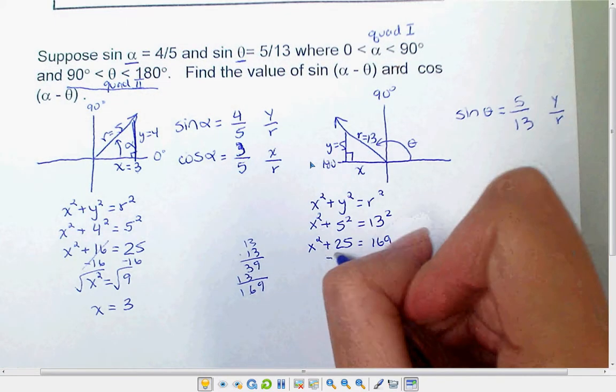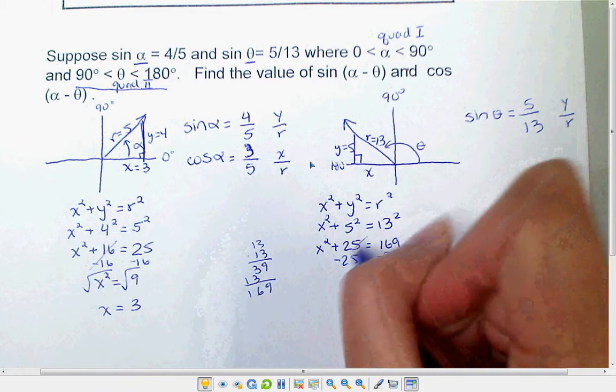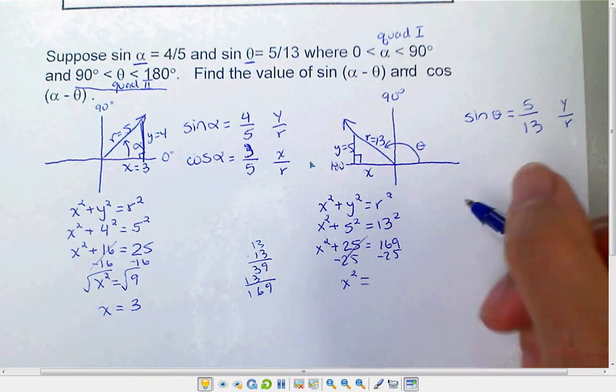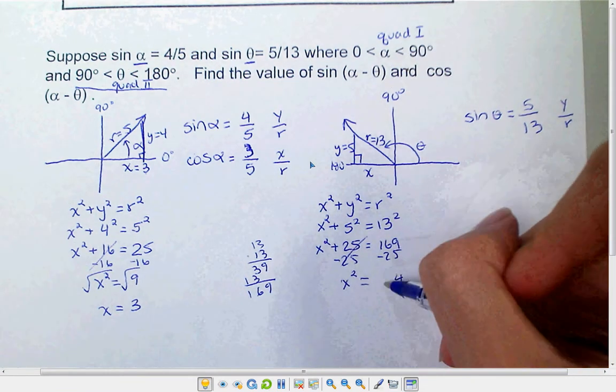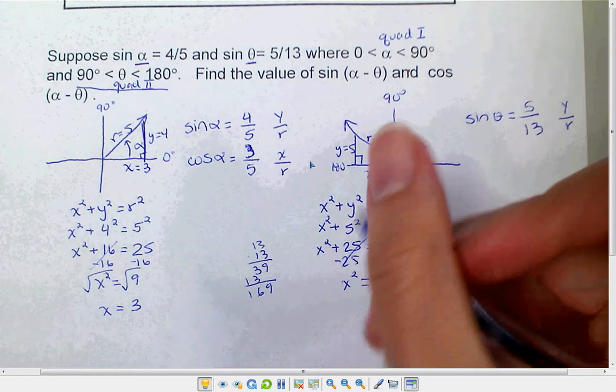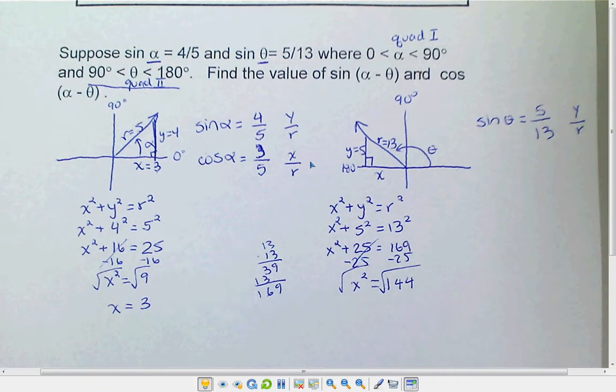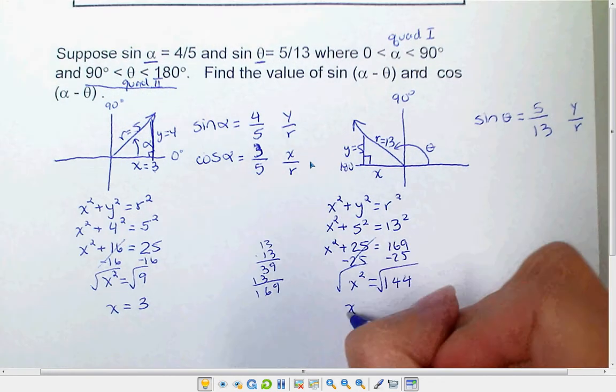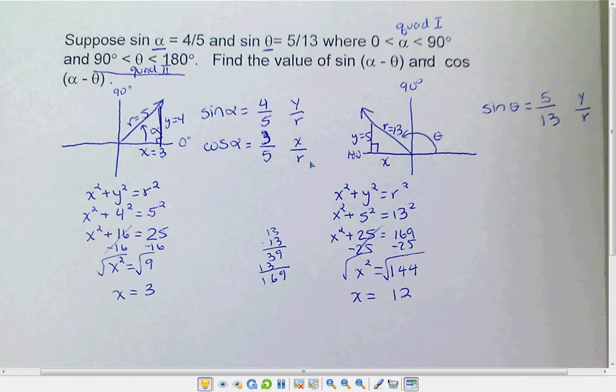Get x by itself, so we subtract 25 from both sides. That leaves us with x squared, and 169 minus 25 leaves us with 144. Square root both sides to undo the square, and that leaves us with x is 12.